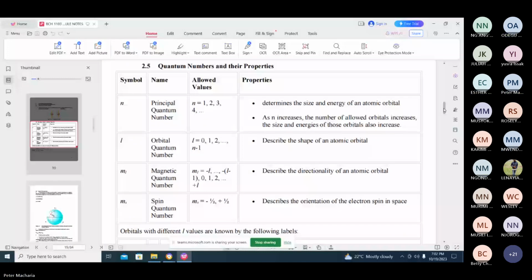So basically, those are the 4 possible quantum numbers: the principal quantum number, the orbital quantum number, which simply we call the sublevel, the magnetic quantum number, which represents the orbitals, and the spin quantum number, which indicates the direction of an electron spin.